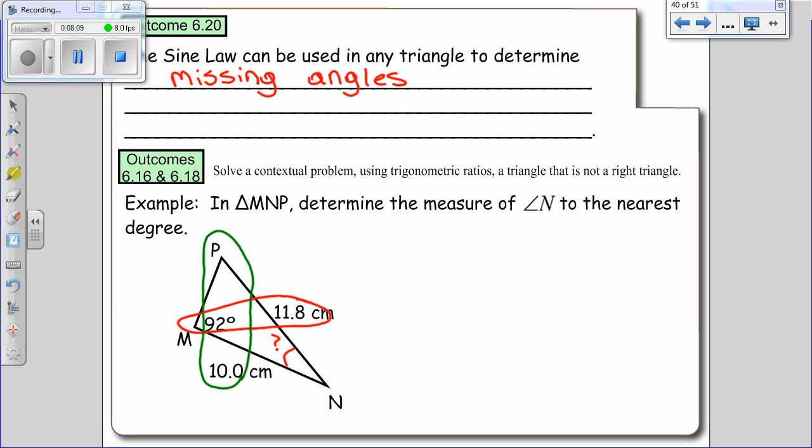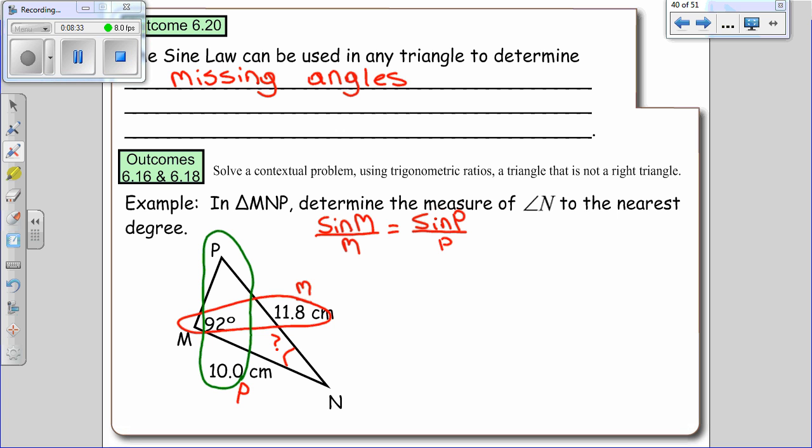We're going to set up our formula. Our formula was sine of an angle, so we're going to say sine of M over little m, where this thing is little m, is equal to sine of P divided by little p. This guy down here, the 10, is little p.